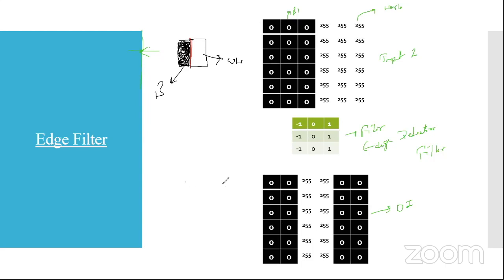This is how this image is going to look, these parts as black, and we are going to have this white in the middle, which is nothing but our edge, right? So this is again convolution. We applied one filter on the input image and we got an output image, right?